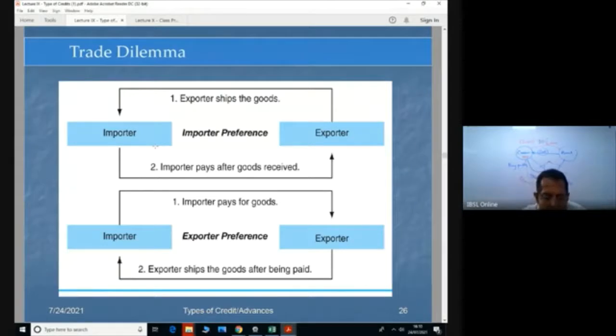The importer in this country wants to get the goods to Sri Lanka before paying. The person in India wants to get money before sending the goods. In order to avoid this issue, a bank comes in between, right?